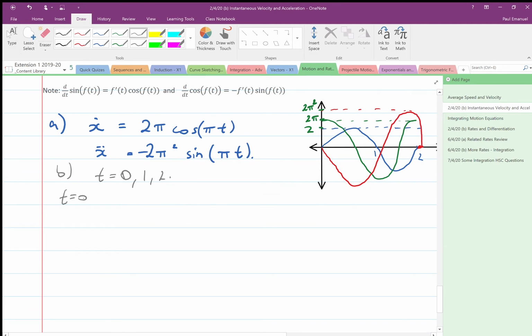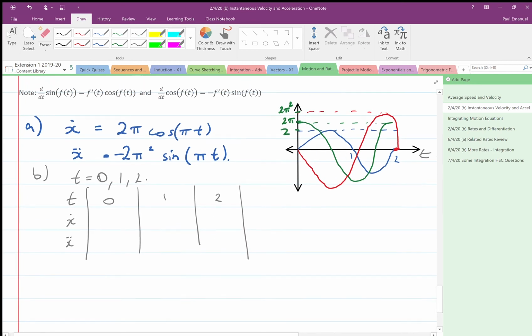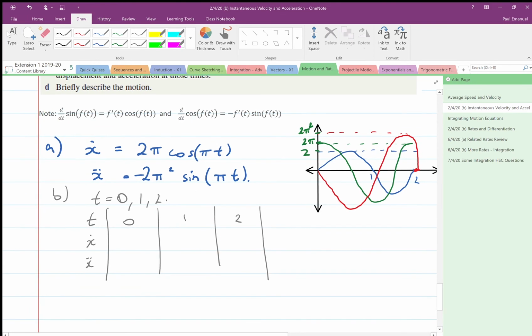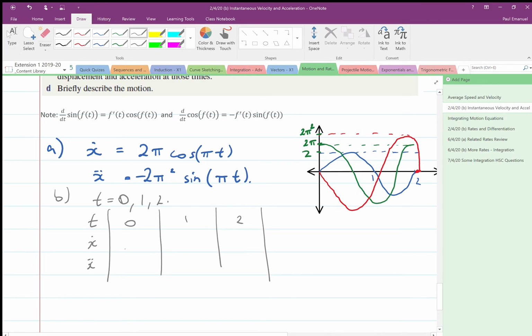So t equals 0. Well, let's just do a little table. So here are my t values. Here's my x dot, here's my x double dot. 0, 1, 2. So we could look at the diagram for this. So at x is 0, the velocity is 2 pi, and the acceleration is 0. I'm just looking at the green curves and the red curves over here.